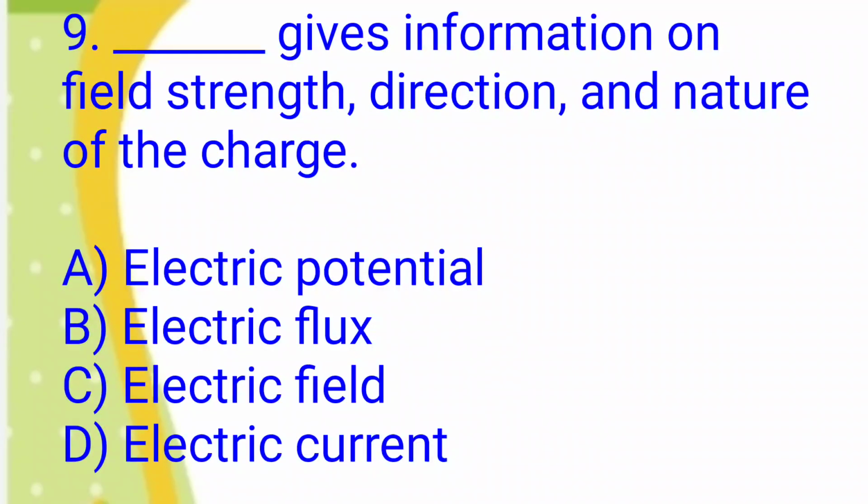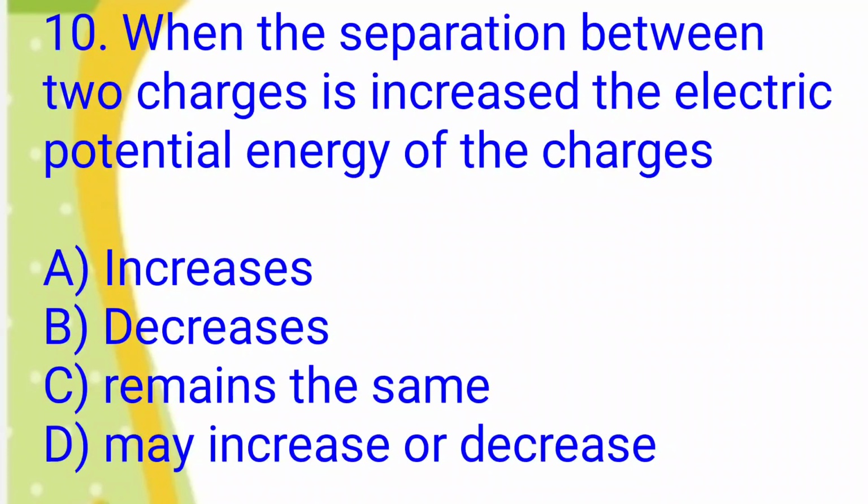Dash gives information on field strength, direction, and nature of the charge. That is electric field. When the separation between two charges is increased, the electric potential energy of the charges decreases.